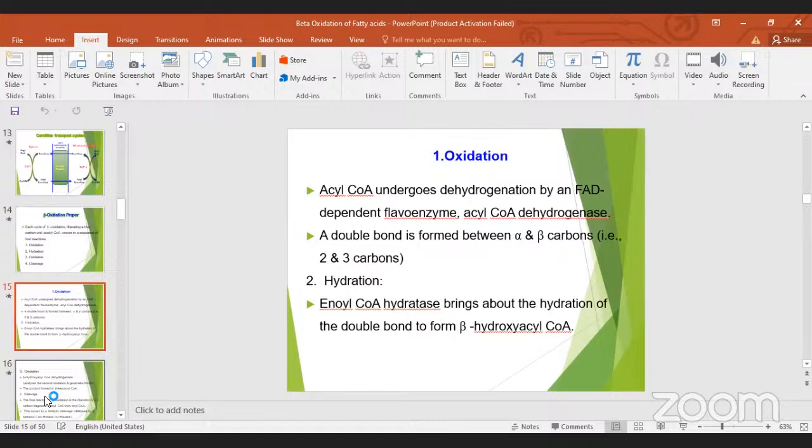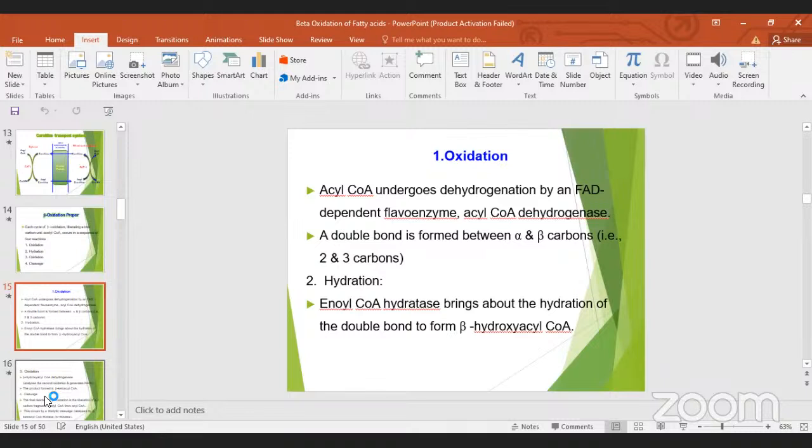What is the first oxidation? Acyl CoA undergoes dehydrogenation by the flavin adenine dinucleotide, FAD-dependent flavoenzyme, acyl CoA dehydrogenase enzyme.